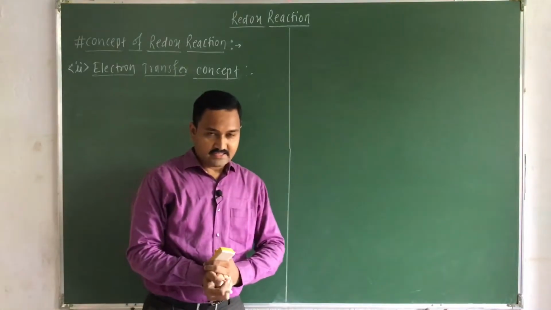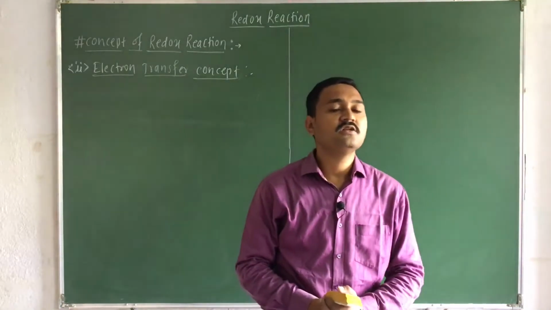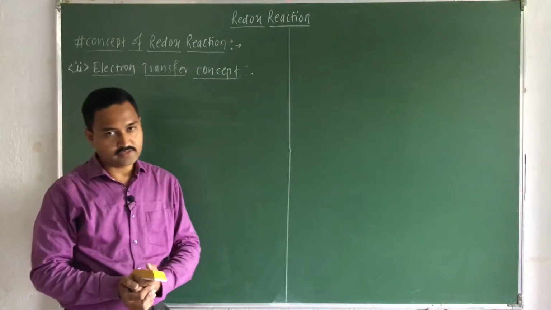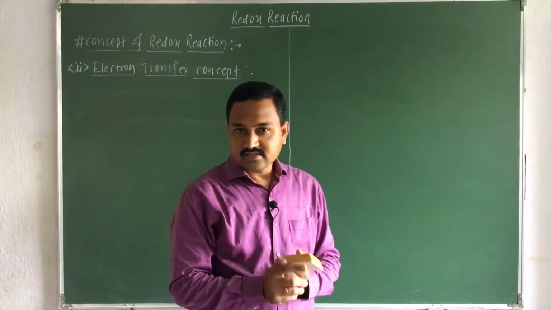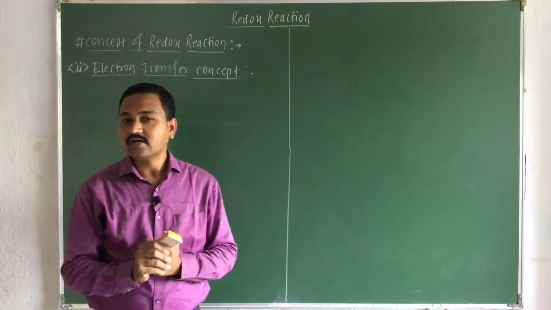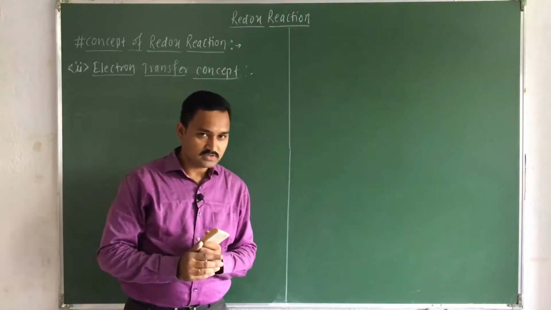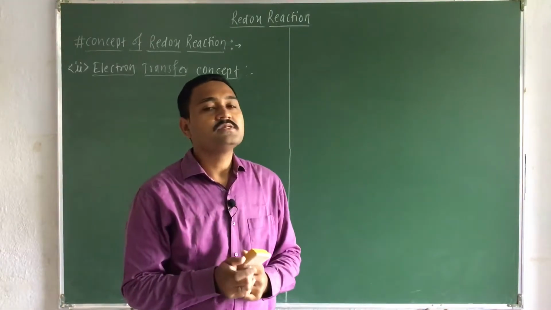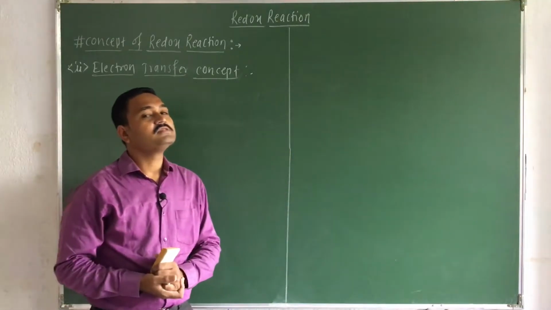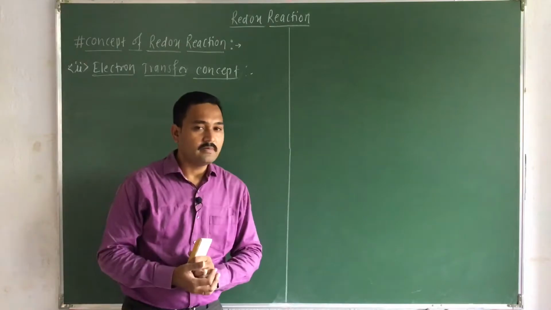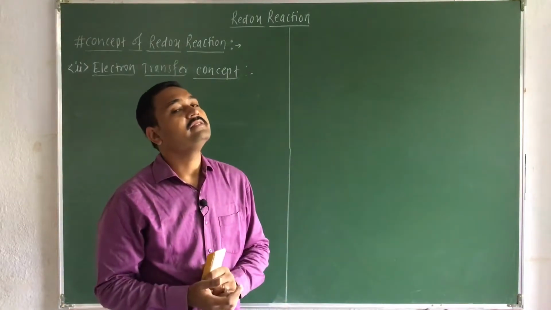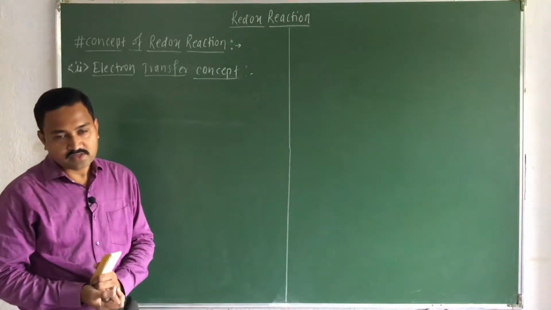In the previous lecture, we defined the oxidation and the reduction reaction by using electropositive and electronegative elements. We know that any species which loses the electron and gains the positive charge is known as an electropositive element, while any species which accepts the electron and gains the negative charge is called an electronegative element. So in this process, there is a gain and loss of electrons.